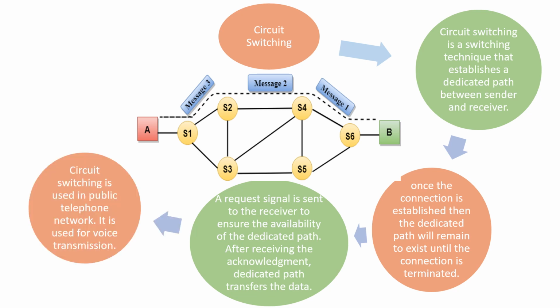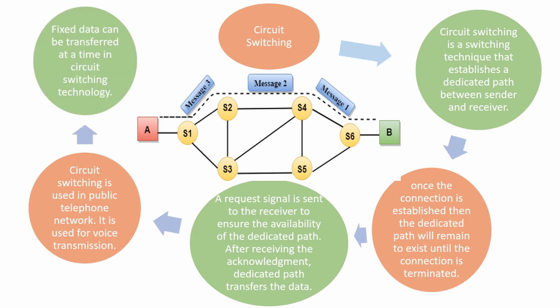And in the dedicated path, the transfer of data is done, and circuit switching is used in the public telephone network, and this is used for voice transmission. And here the fixed data can be transferred at a time in this technology. And as a whole, we can say this circuit switching happens in three phases.